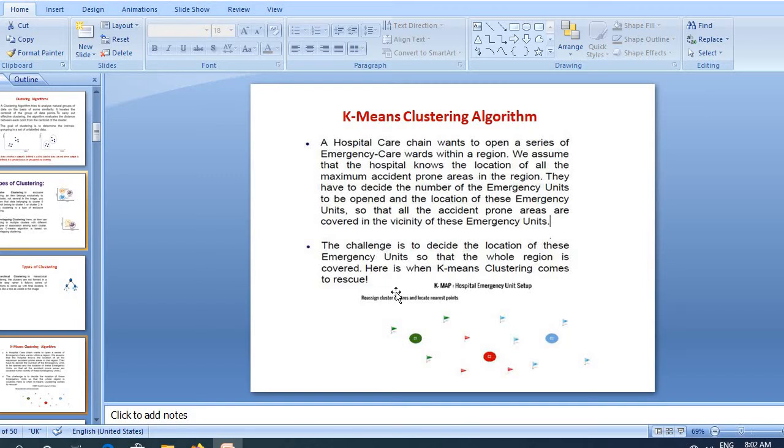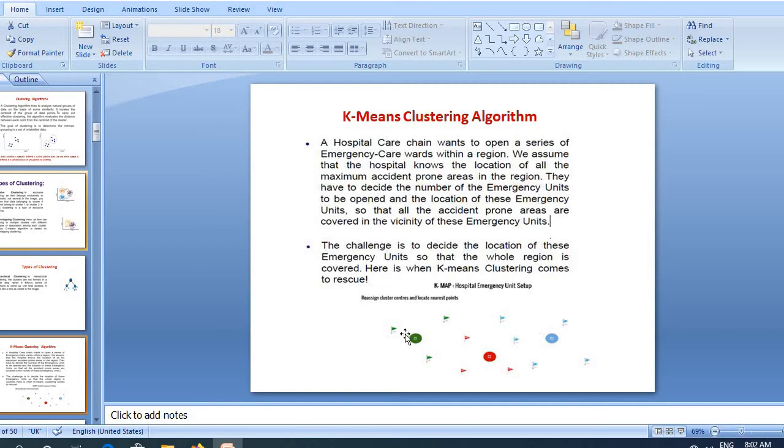Now the hospital wants to start emergency units, but for each of the accident prone areas an emergency unit cannot be found. So what can be done is you decide the number of emergency care units and then locate them properly. Here you have decided to form 3 emergency care units.